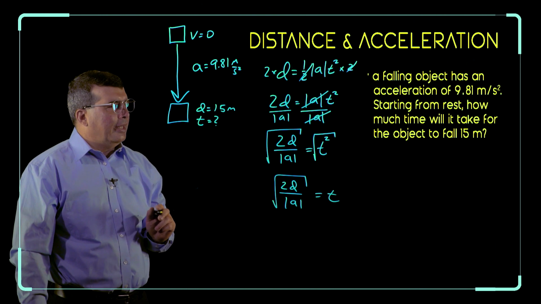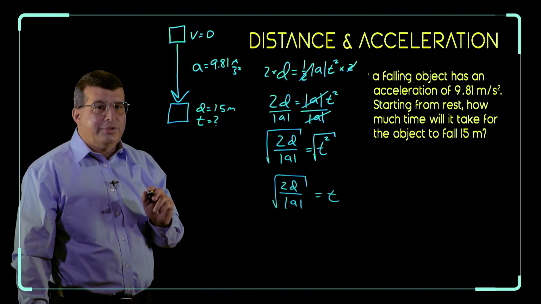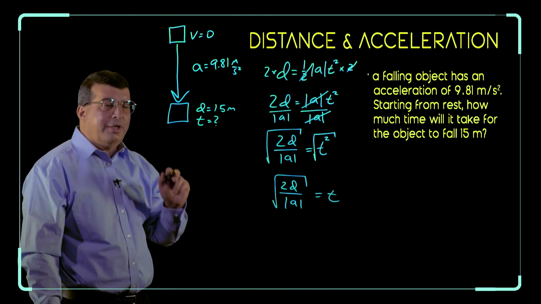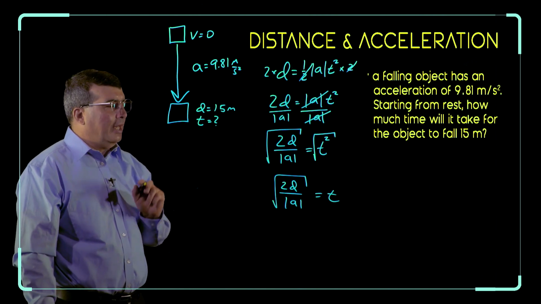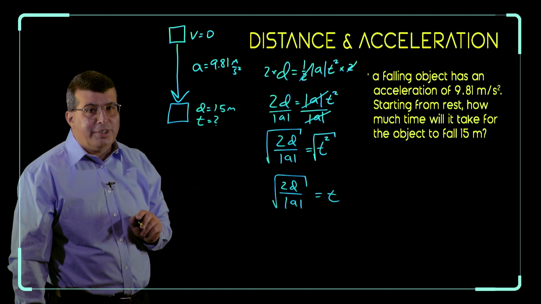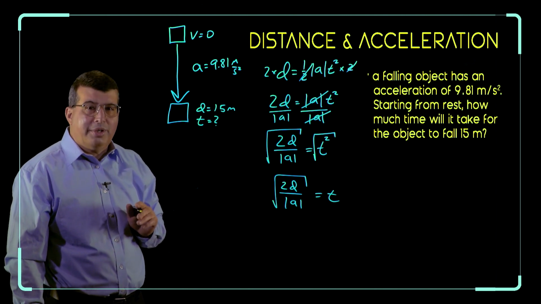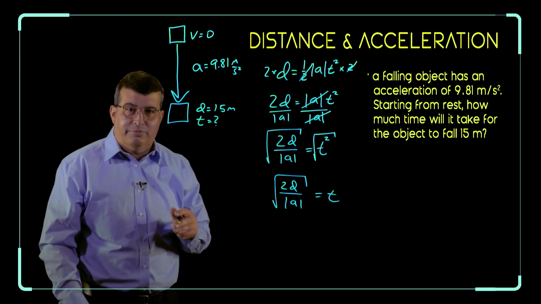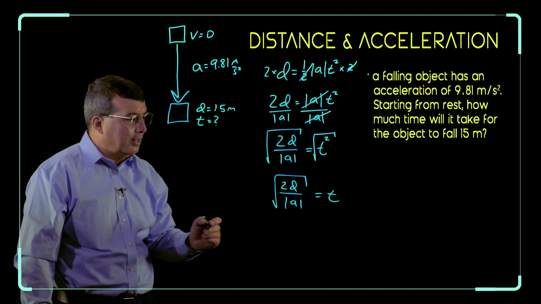So that is our new thing that we have to do since we're working with time squared. If we want to get the time, we're going to have to take the square root. So now we have solved that equation for time. It's just a matter of putting the data that we have for this specific situation into there.